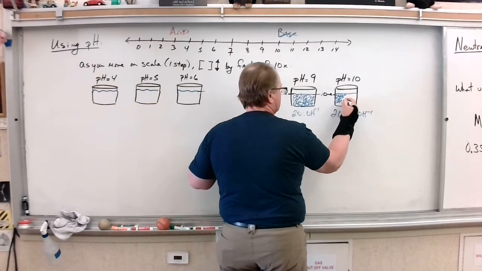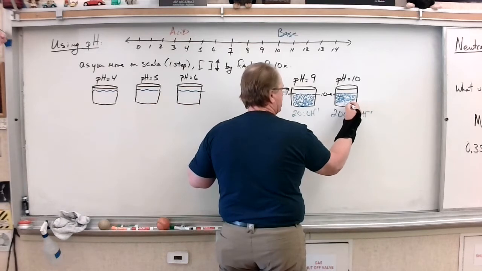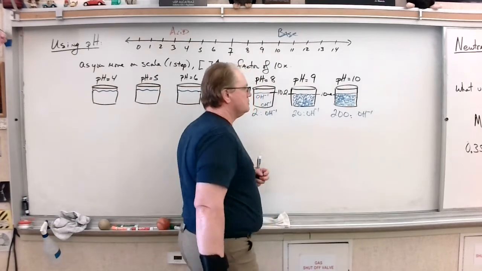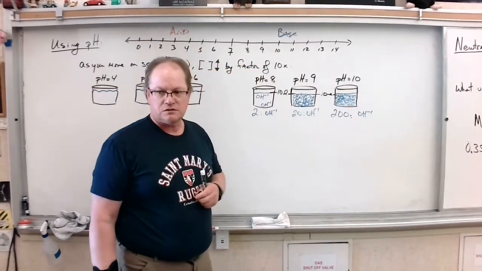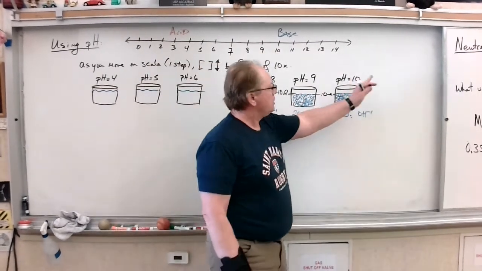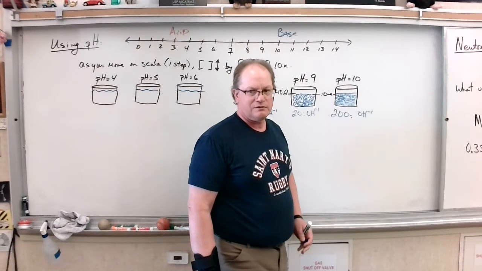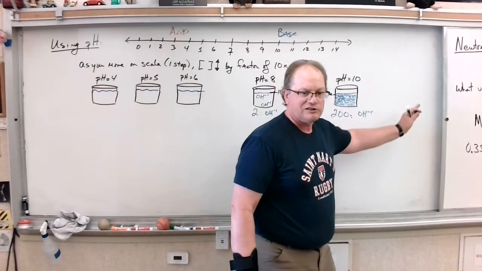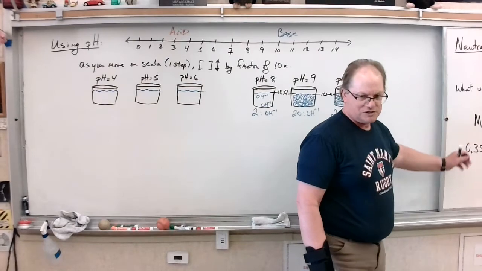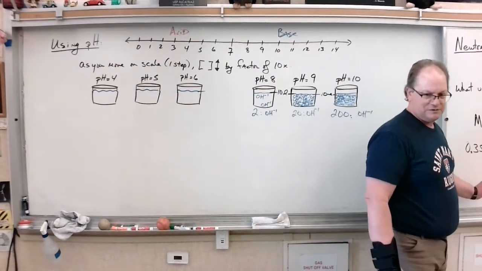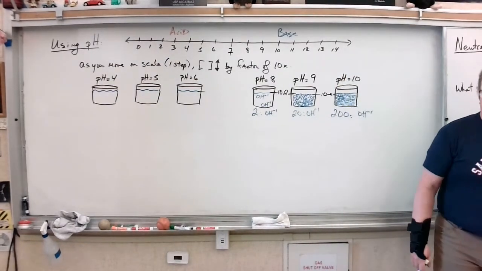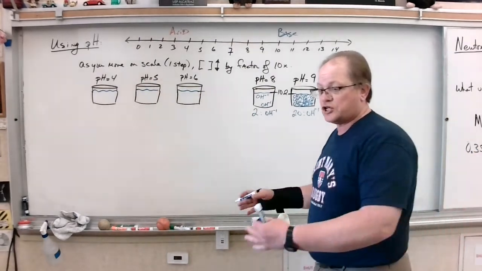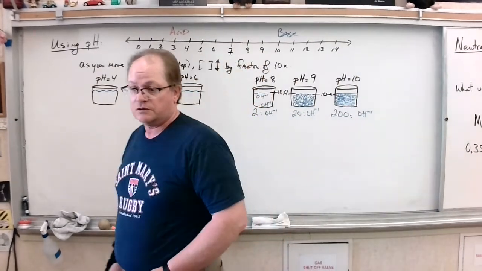Just lots and lots, hydroxides everywhere you look. 200 hydroxides. What would a pH 11 look like? A 12, a 13, a 14, a 15, a 16, and so on, right? Each time getting 10 times more concentrated.